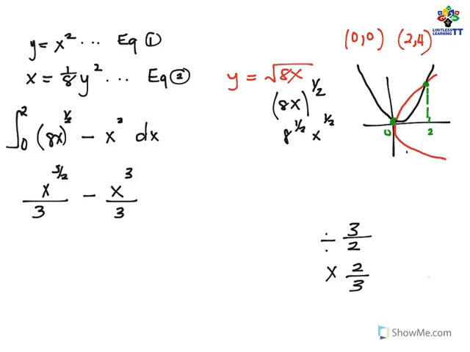Put back my 3/2. This is 8 to the power of 1/2, and this is 2. Yeah, and so because I have a definite integral, there's no plus c, and this is going to be between the limits 2 and 0.